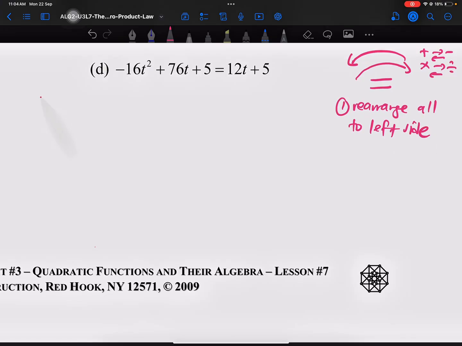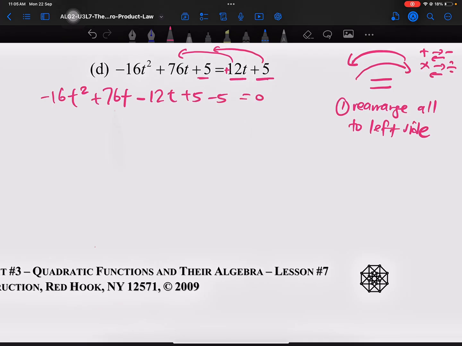So minus 16t square plus 76t. I have t and number, right? So now I arrange it the like term with like term, minus 12t. This is plus, jump to the other house, become minus. Okay, I have plus 5, copy. This one plus, jump to the other house, become minus.